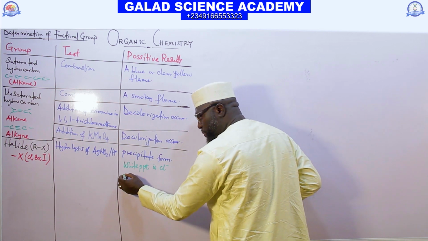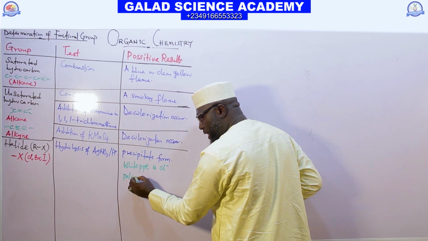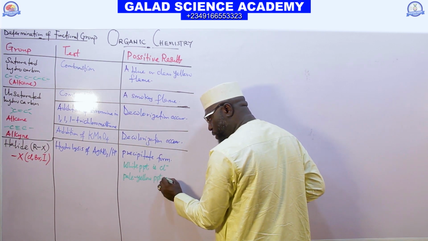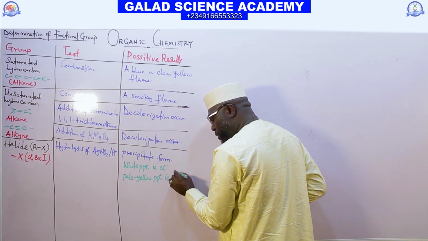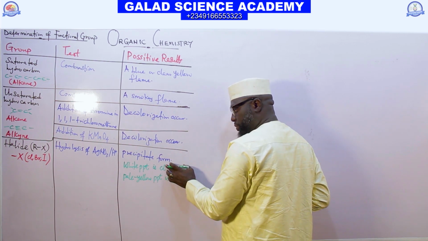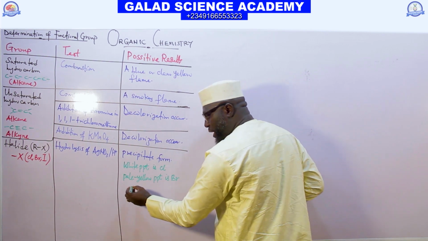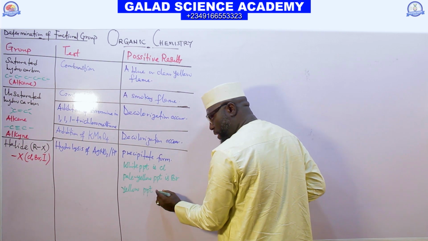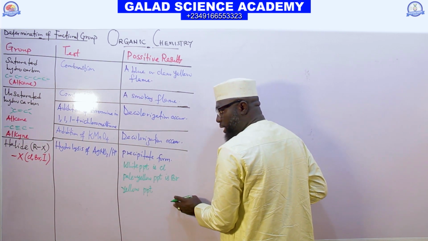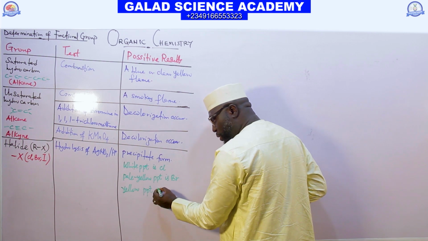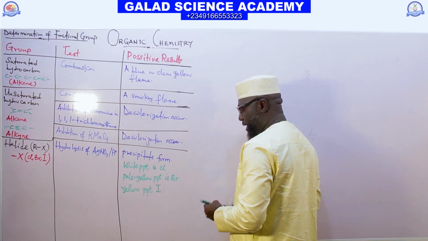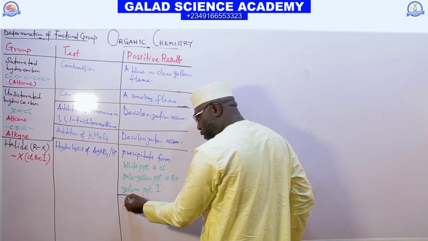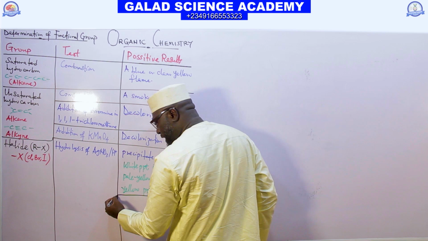But if a pale yellow precipitate forms, the halide there will be bromine. But if a yellow precipitate forms, the halide there will be iodide. So that is the test for halide.